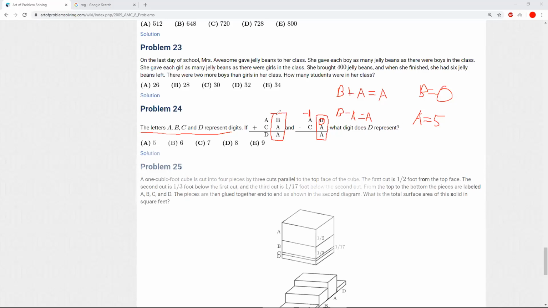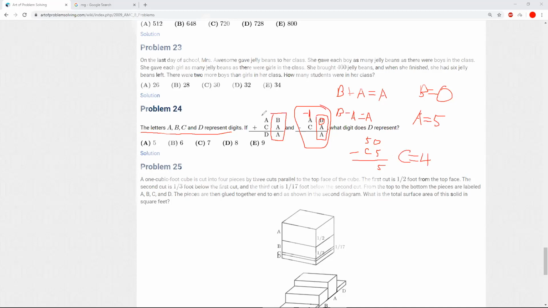And then now we have to look at our third and fourth columns, basically. So we already know that A is equal to 5 and B is equal to 0. So we have that 50 minus C5 is equal to 5. So obviously this is equal to 45, so C is equal to 4.